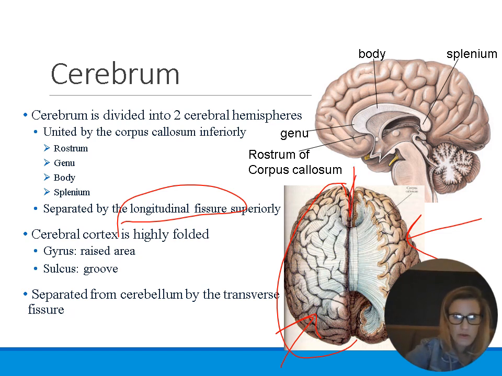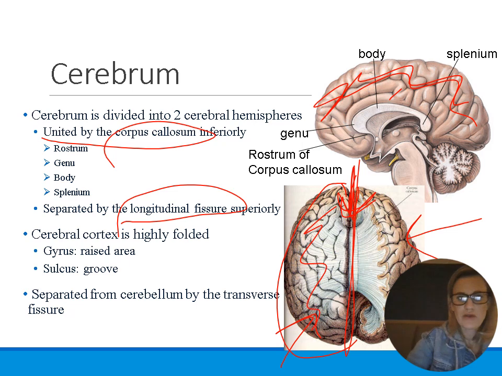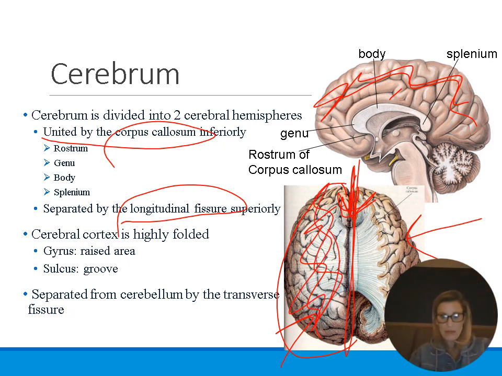If you were to go down to the bottom of the longitudinal fissure, so like this is the groove that goes through right here, there's a band of white matter that connects the two hemispheres together. That is called the corpus callosum. All of this superficial area of the cerebrum is gray matter, where we have a lot of neuron cell bodies.